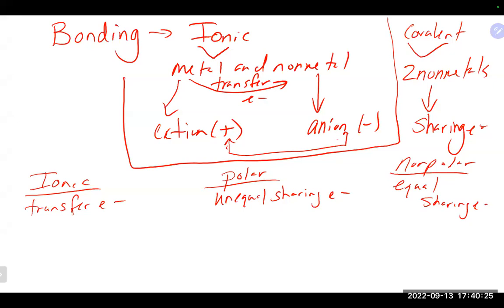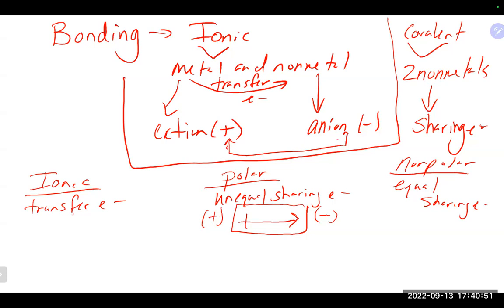The result of that is in a polar bond, we do end up with a side of the bond that is more negative, which is sometimes represented by drawing this dipole arrow, where it points to the more negative side. And the back end is to the more positive side of that bond. The more negative side would be obviously where the electrons ended up. The more positive side would be the least electronegative atom within that bond.